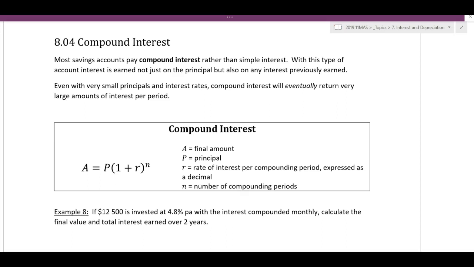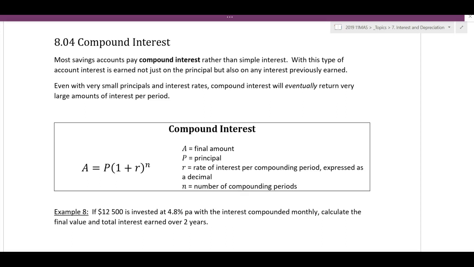With compound interest, every time interest is calculated, let's say at the end of the year or the month or whatever, every time they calculate how much interest you've earned, the interest that you've earned gets added onto the principal.